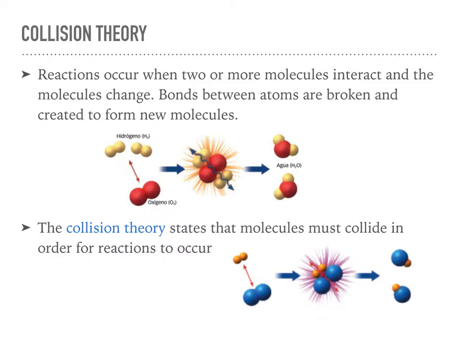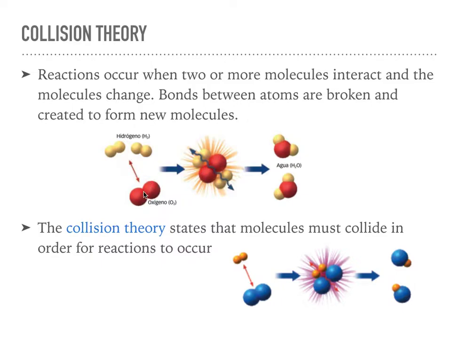What happens is that, for example, we have this oxygen molecule, the red one here, and we have two hydrogen molecules, and they are going to bump into each other. Okay, they are going to collide, and in this collision, the energy released is going to break these bonds.